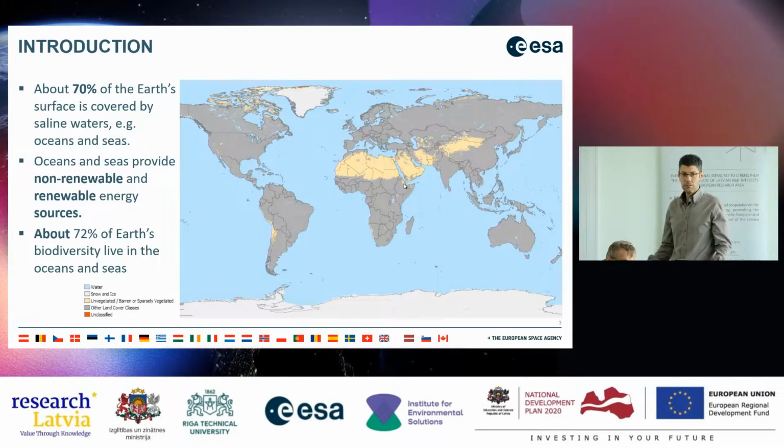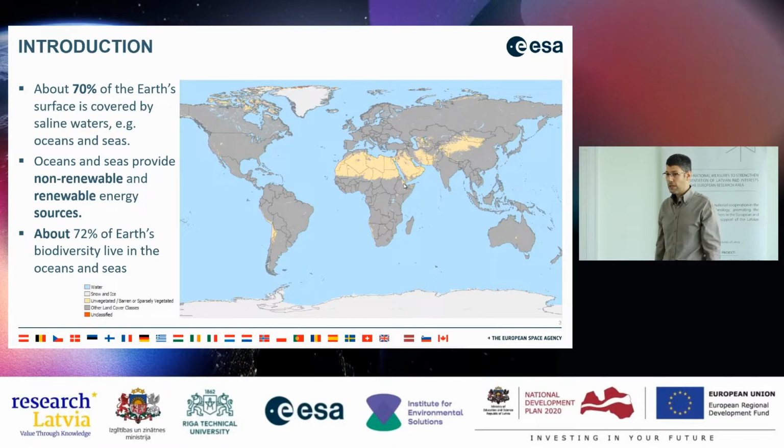And because it's a lot, of course satellites come in handy because they offer a view from above. Then we have also that oceans are important because they provide resources, renewable and non-renewable sources of energy.